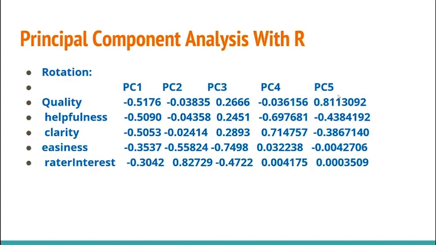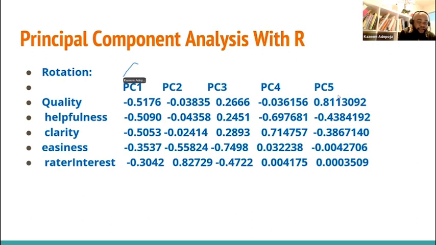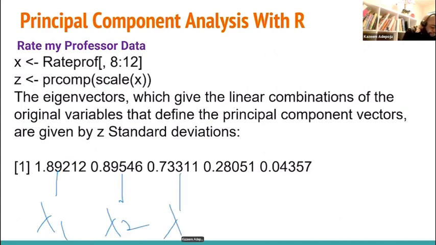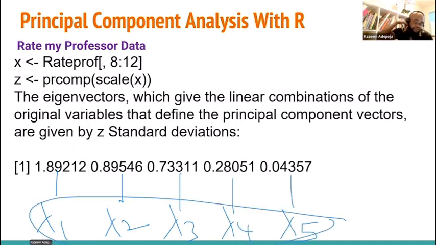Okay, now take a look at this. If I want to go by what I just explained, these are lambdas. We call them the eigenvalues. This is lambda 1, lambda 2, lambda 3, lambda 4, lambda 5, and each lambda gives you the amount of variation each principal component explains.